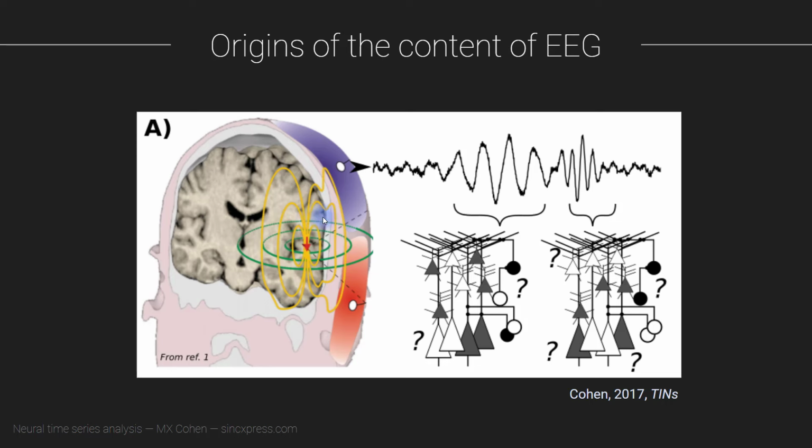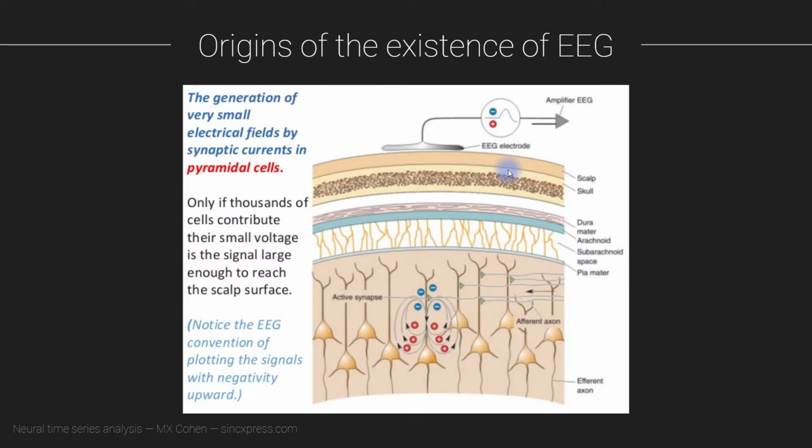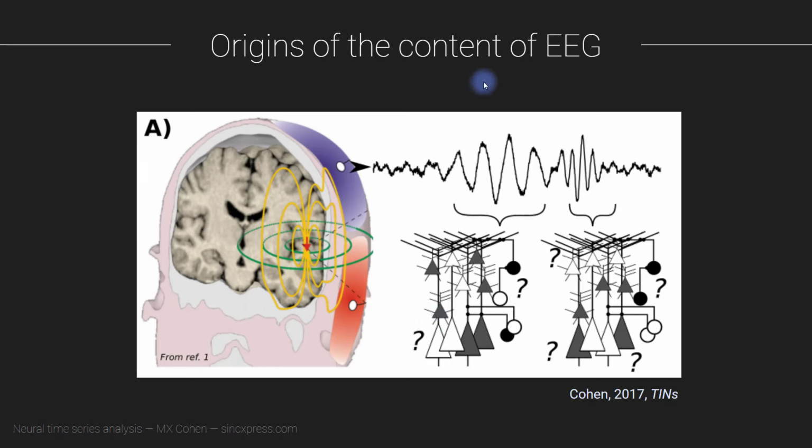So the question is, what can we say about the brain computations based on these signals that we can measure? That turns out to be a really hard problem that I call the content of the EEG. So the existence of EEG is relatively well known. The content of the EEG signal is really unknown.